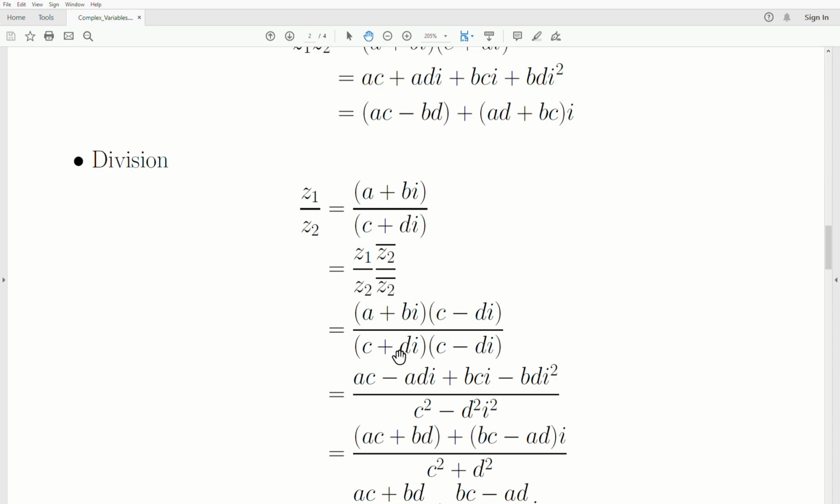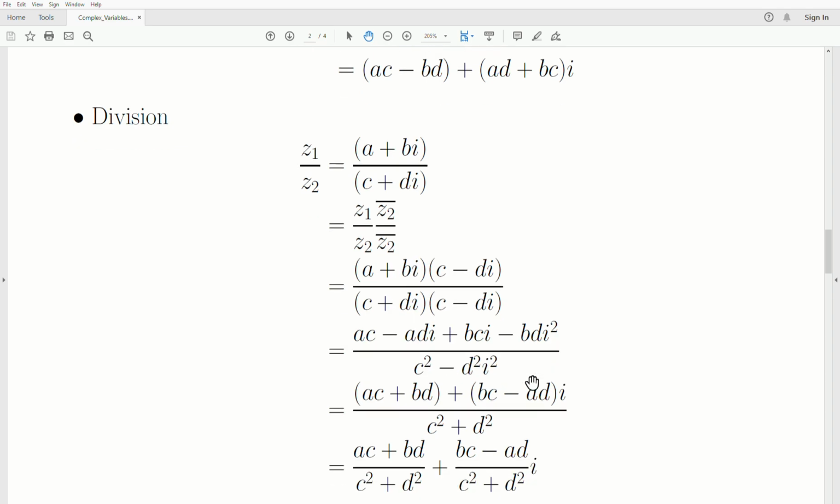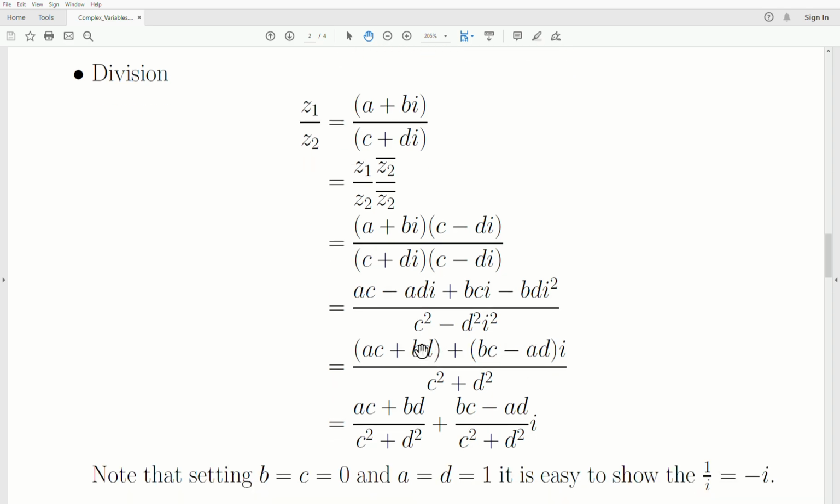So in the denominator, C times C is C squared, and then the interaction term vanishes and we get D squared minus I squared. And then if we FOIL the numerator, we combine the real part and the imaginary part over C squared plus D squared. But then we take the denominator and divide it into each term and we get this.